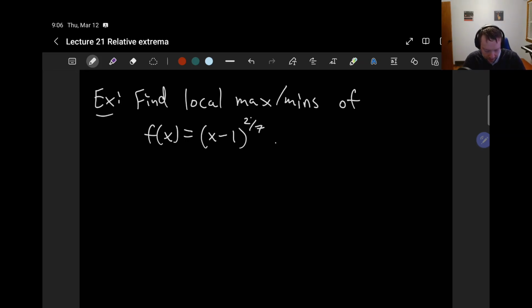So that's not an issue here. The domain is never cut off. I can plug in any x that I want to. That means my critical numbers will come from where the derivative is 0 or where it is undefined.